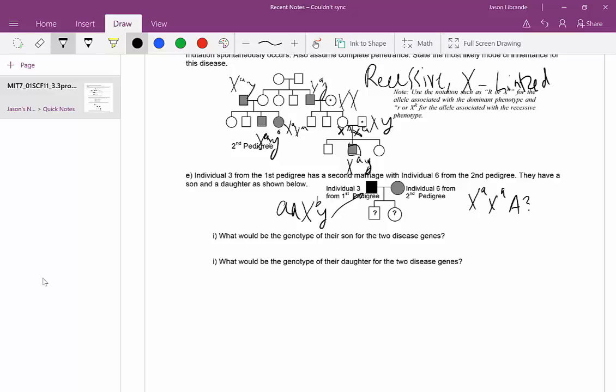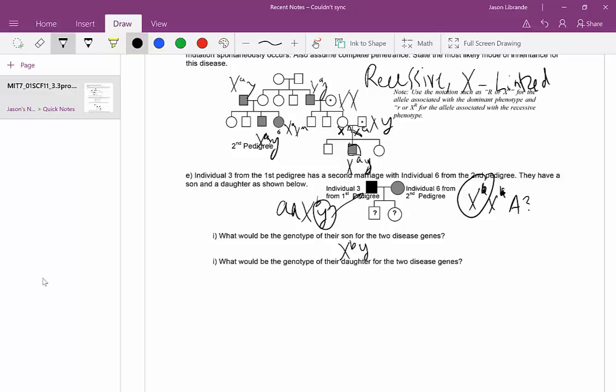So with the genotype, there's a son for the 2 disease genes. So for the son, we know he's going to get, switch this to B's, one X from his mother, and then a Y. So he's going to have the gray disease.